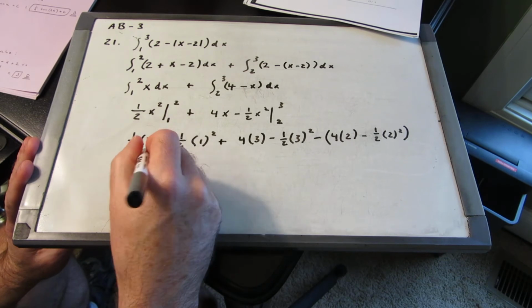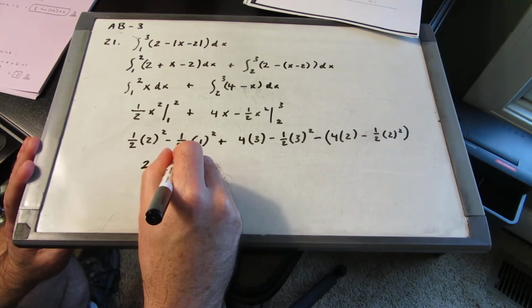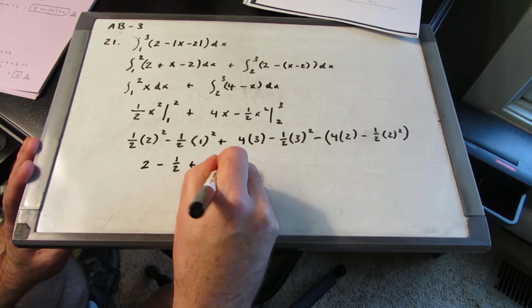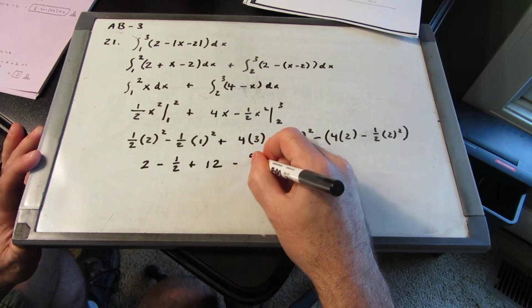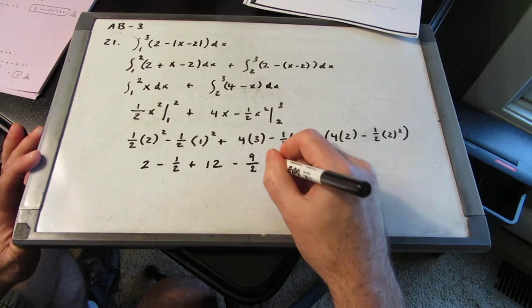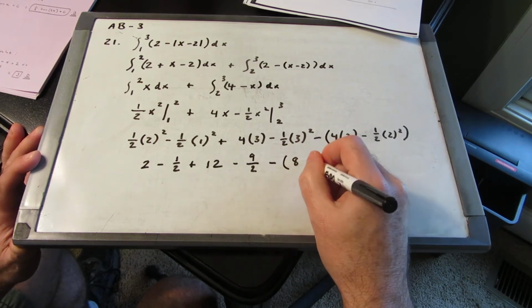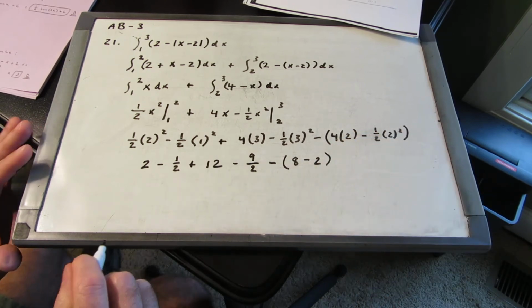So 2 squared is 4, half of that would be 2, minus 1/2 plus 12, 4 times 3, 12, minus 9/2, minus 8, minus 2. Wow, what a mess.